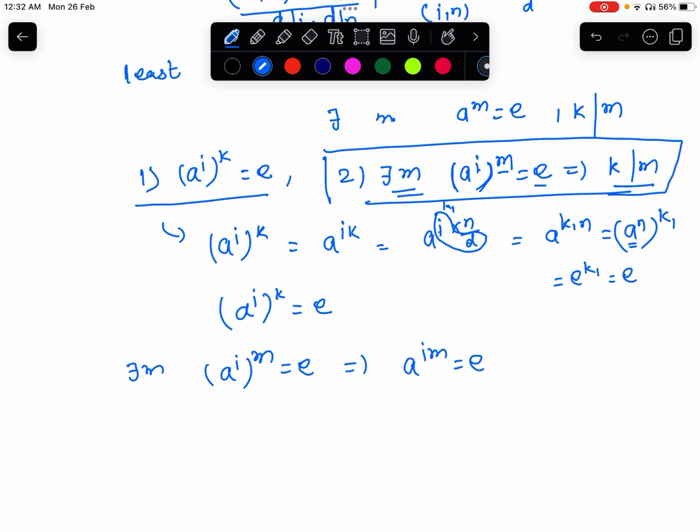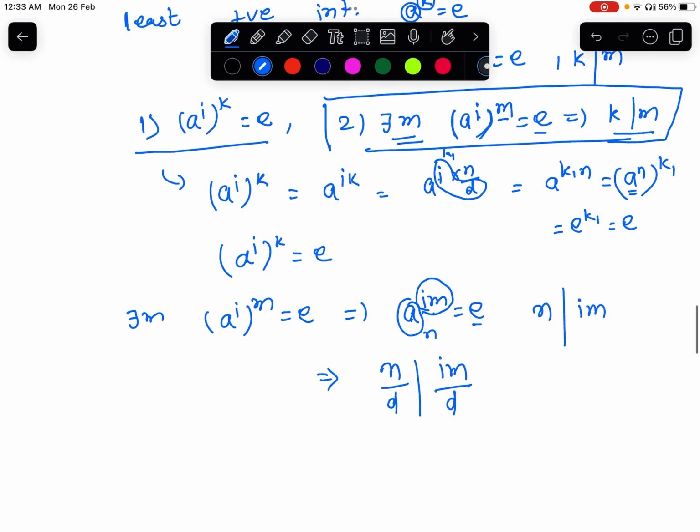We know that order of a is n. And if there exists an I m such that a to the power I m is equal to identity, then n divides I m. This implies n by d divides I m by d.